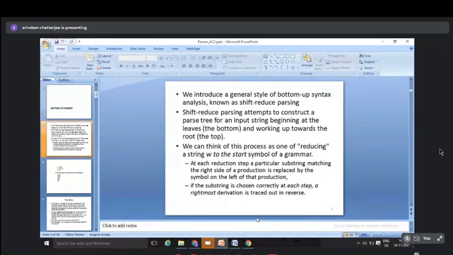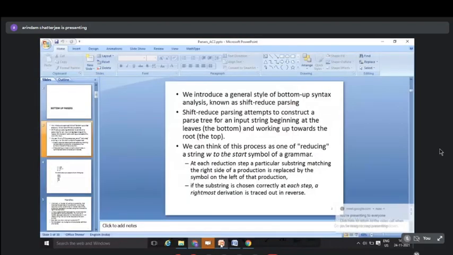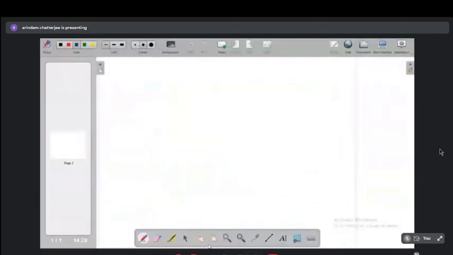Good question. Anyway, the problem with a bottom-up parser is that here you don't have such an easy thing.